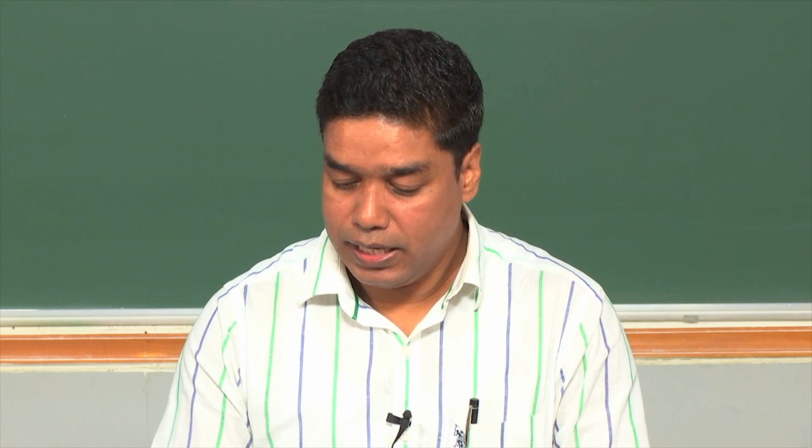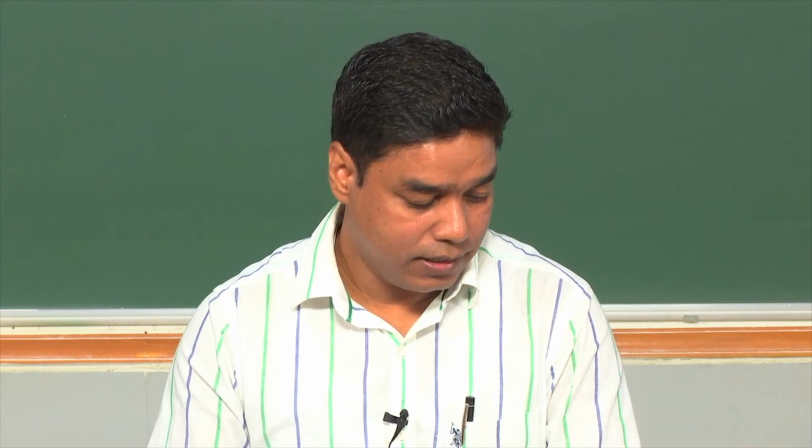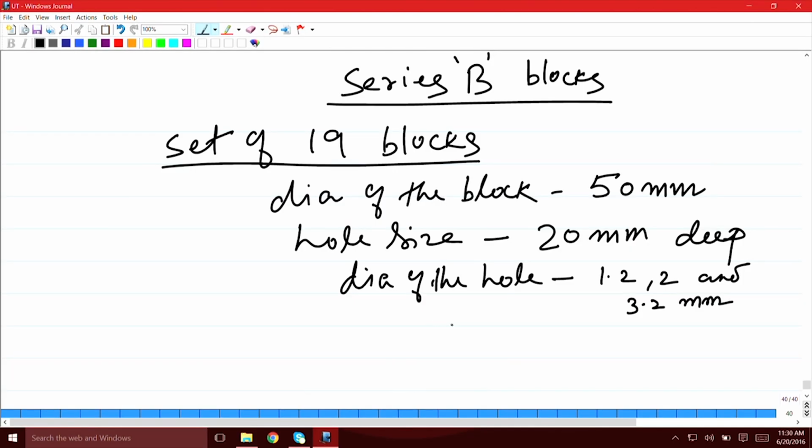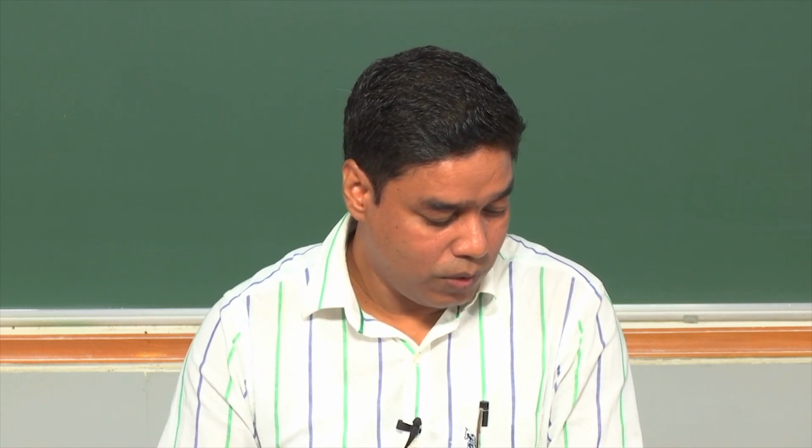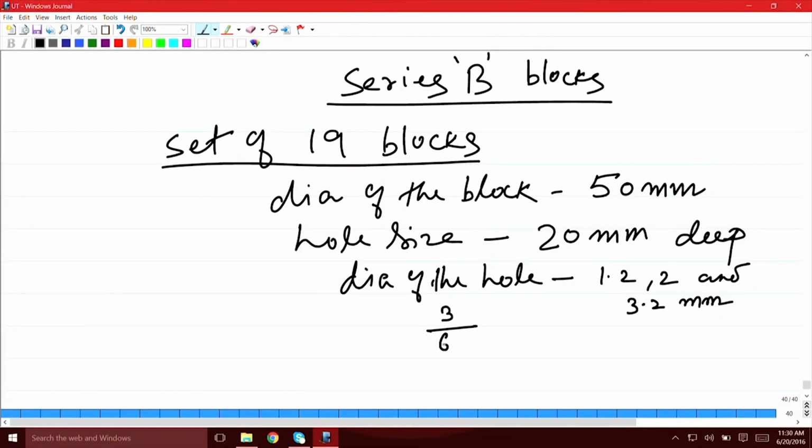Okay. And in terms of inches, these are written in terms of 1/64th of an inch, and why it is written in that fashion, I'll come to that. There is a reason behind that. So, the first one, which is 1.2 mm, is 3/64th inch.